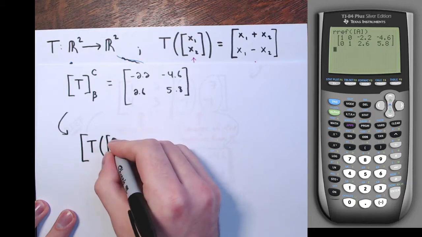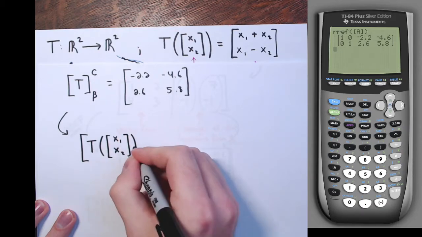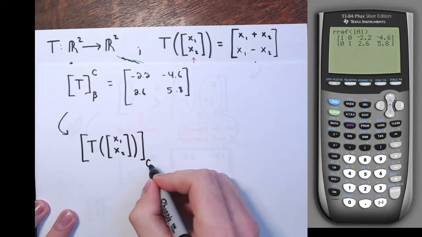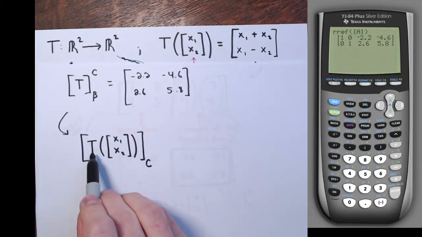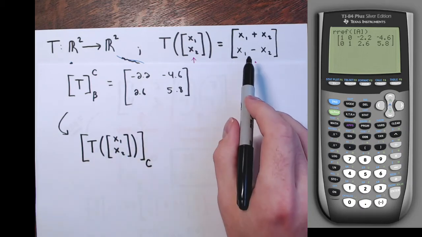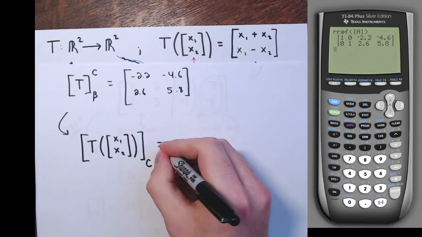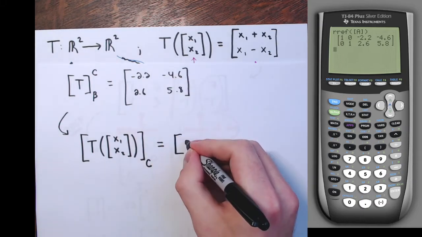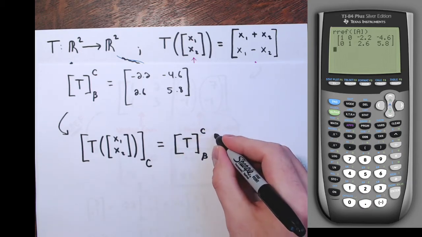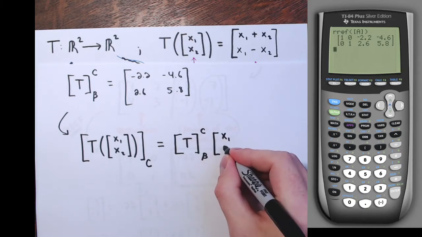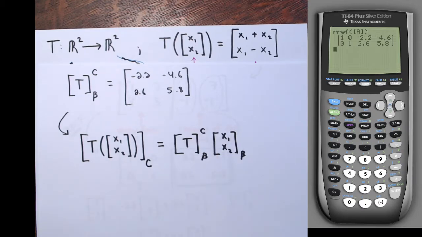If I want the coordinates of some output relative to basis C, so if I plug some input into this transformation and get the output, I can take this matrix and multiply it by the coordinates of the input relative to B. And that'll give me those coordinates.